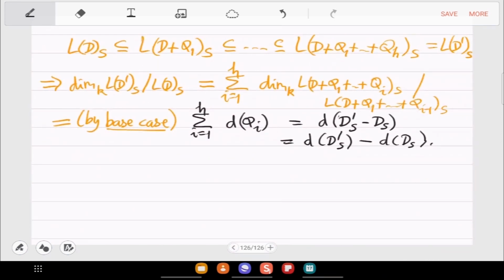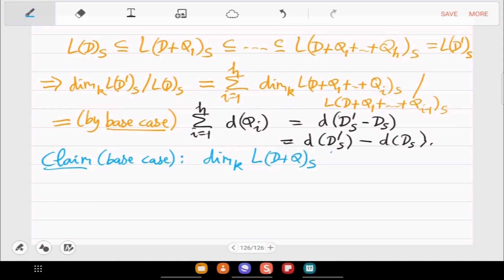So that's the claim: the dimension of L(D+Q,S) mod L(D,S) is equal to the degree of Q, always. For any divisor D, for any point Q, and for any finite subset of points S, this is true on the curve.